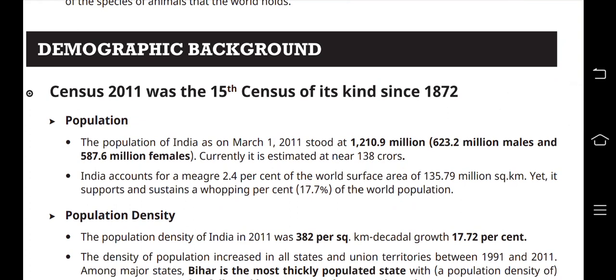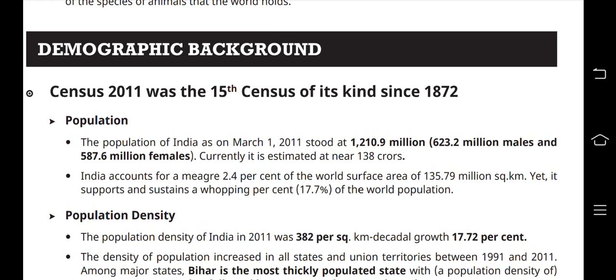Demographic background. Census 2011 was the 15th census of its kind since 1872. Population. The population of India as on March 1st, 2011 stood at 1210.9 million, that is 623.2 million males and 587.6 million females.